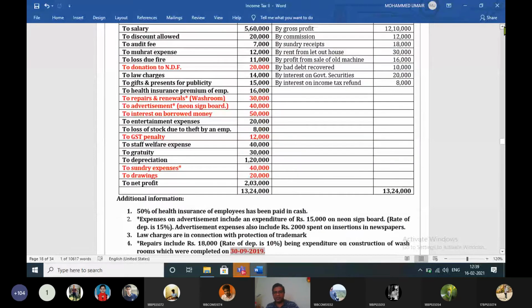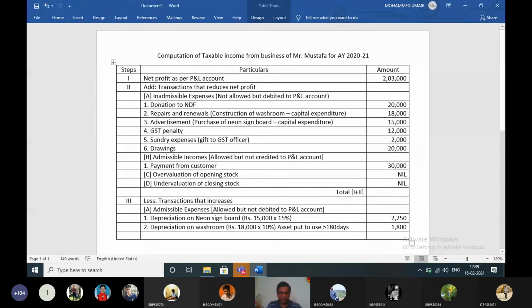Now quickly let's go to the second important step, second item under step 3, which is inadmissible incomes.